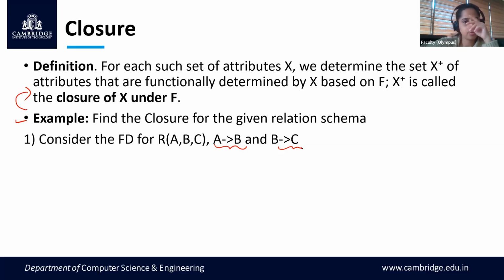Now what we are doing is seeing so many methods: closure, equivalence, minimal cover, because we have already come up with functional dependencies. Who will write the functional dependency? It is done by a person who knows semantically in depth the table and all the relation schema.